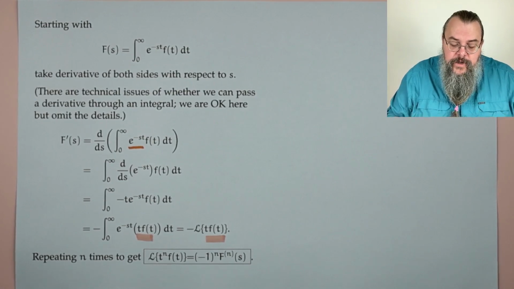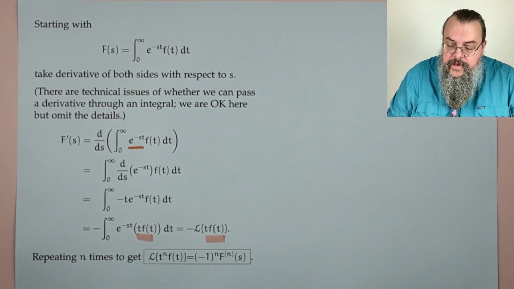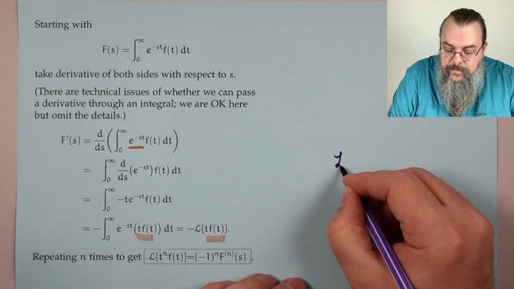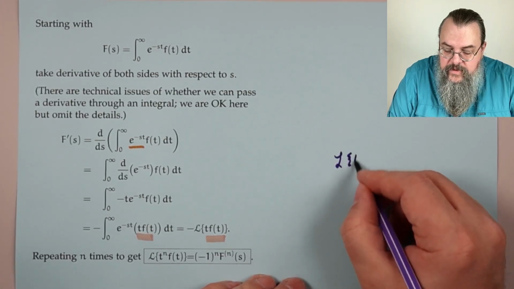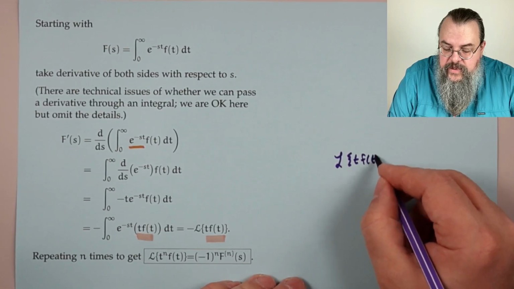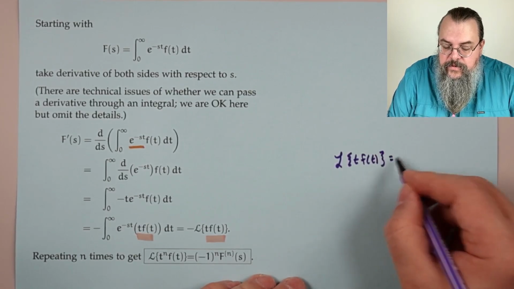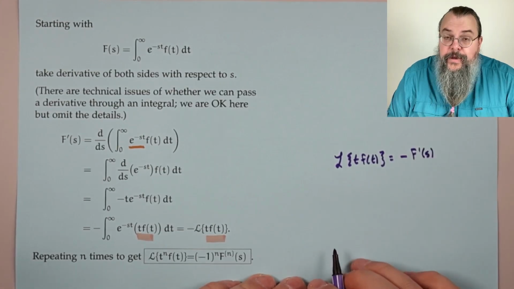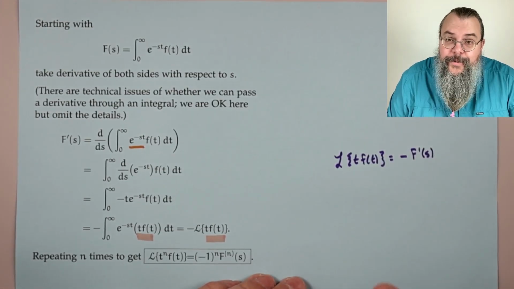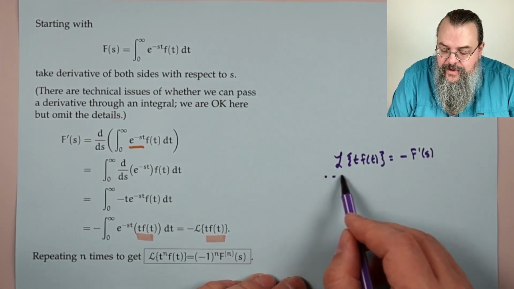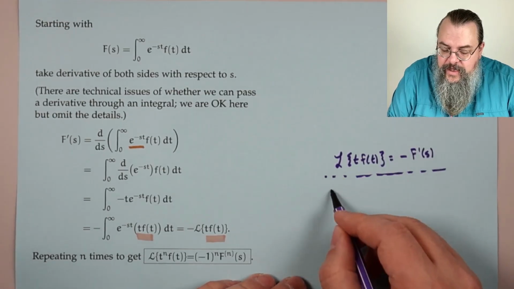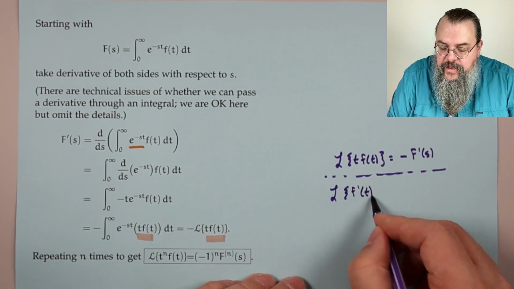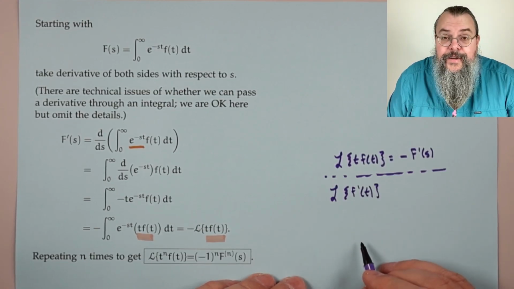Now, I just want to point out something fun here. Let's go ahead and write this rule again. We have that the Laplace transform of t f of t is equal to minus F prime of s. But remember that there was this other fact, namely the Laplace transform of f prime of t. Do you remember what that was?